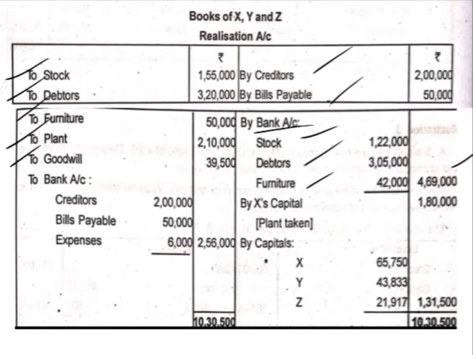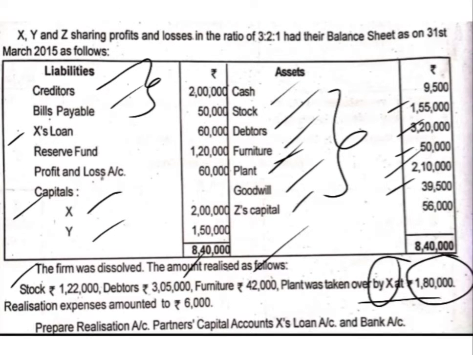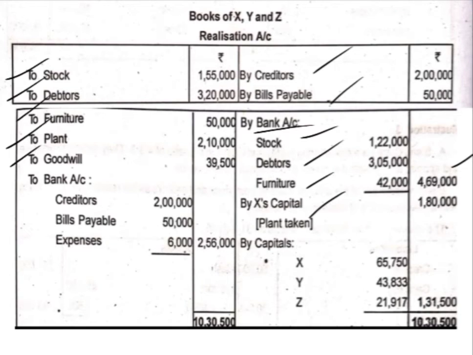So in the realization account: X's capital account debit to realization account, plant taken over at 1,80,000. The next entry will be for paying the outside liabilities. Here it is not given whether they have given any discount or not, so we are going to pay the full amount. The entry will be realization account debit to cash or bank account: creditors 2 lakh, bills payable 50,000.